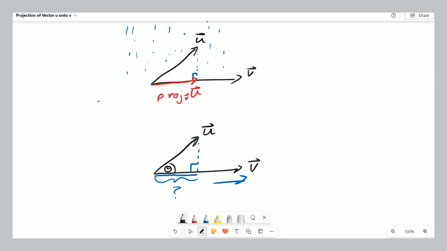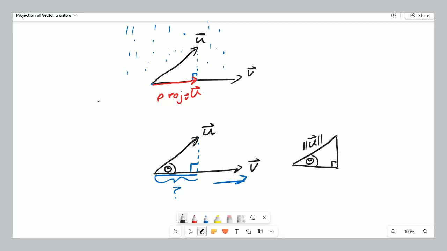Let's say theta is the angle between them. So our triangle looks like this. This has side length magnitude u, and this has angle theta.